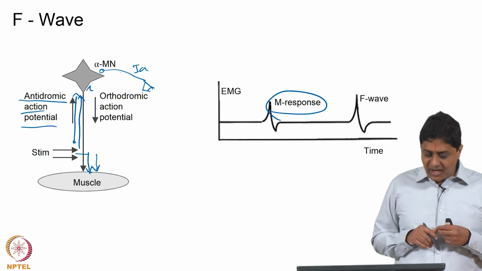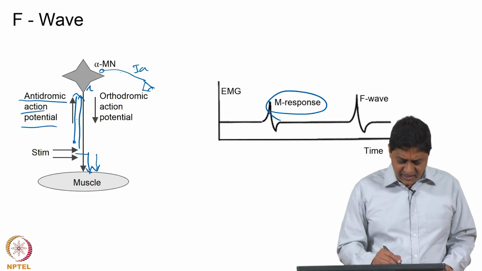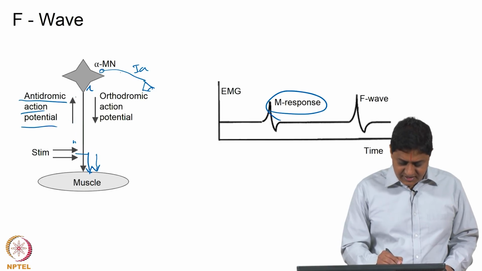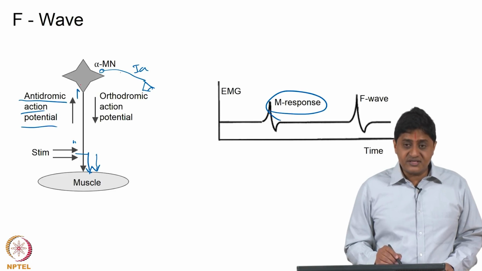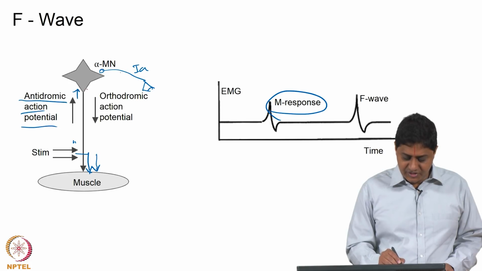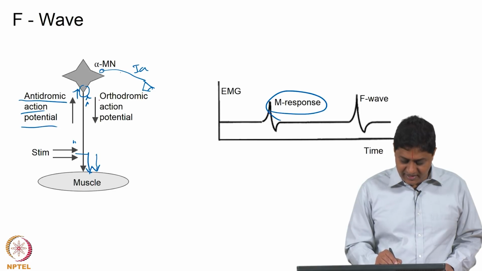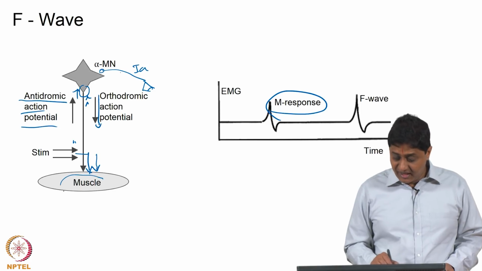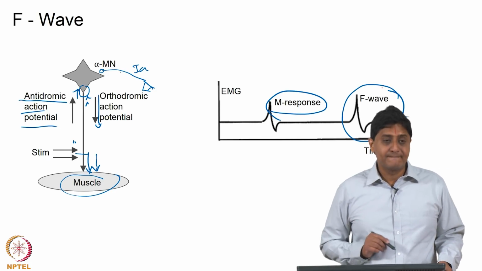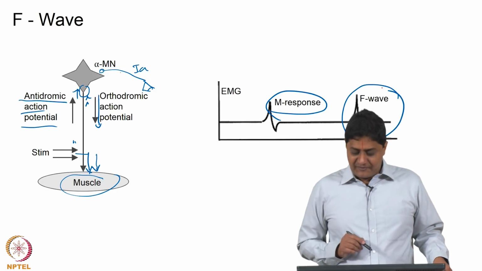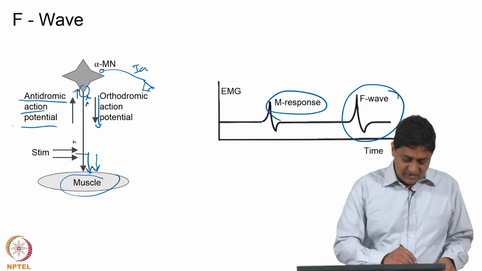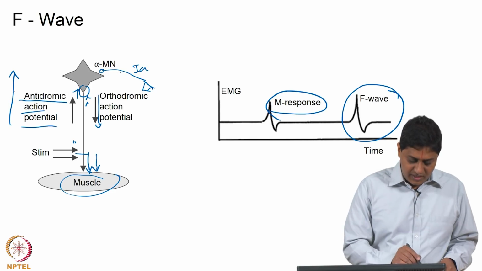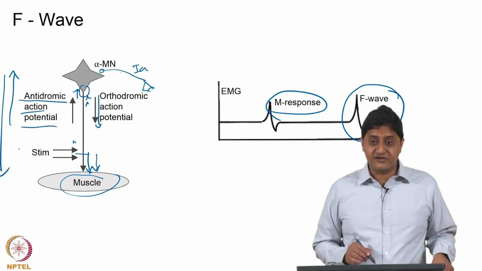In some cases, this antidromic action potential reaches the axon hillock and causes a new action potential to be generated here, and that action potential will travel orthodromically in that direction and reach the muscle. That is felt here. That is the F wave. This response, in other words, means that this antidromic action potential goes to the neuron and then the neuron backfires. So, neurons can backfire.